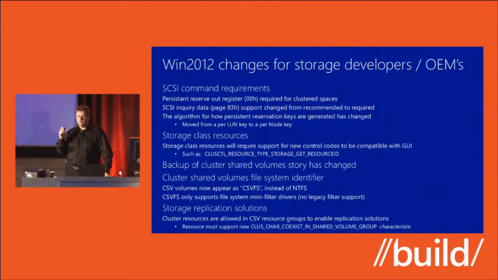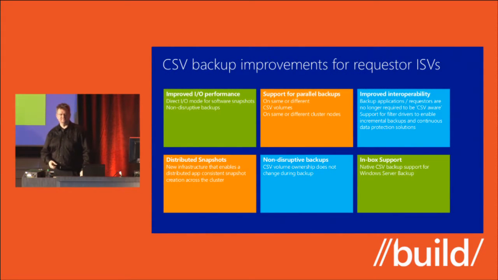And for replication vendors, we now allow third-party resource DLLs to insert themselves into the CSV groups, so that if you want your resource DLL to live in the same group as the CSV volume so it can move around with the CSV volume, you can control replication. When you flip the replication underneath the CSV volume when we move it around, that is now supported. And I have a doc on how to do that.